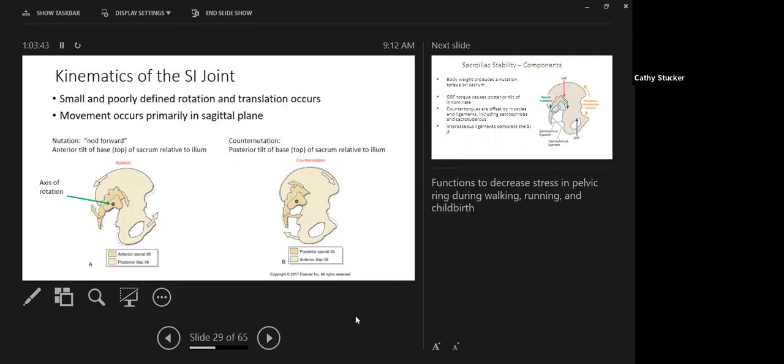And when you nutate, your sacrum basically nods forward. So it's a relative posterior rotation of the innominate. Counter nutation is the other way. The sacrum actually goes back, or relative anterior rotation of the innominate on the sacrum. So they're just two words that you're going to hear later, and I didn't want that to be a surprise.